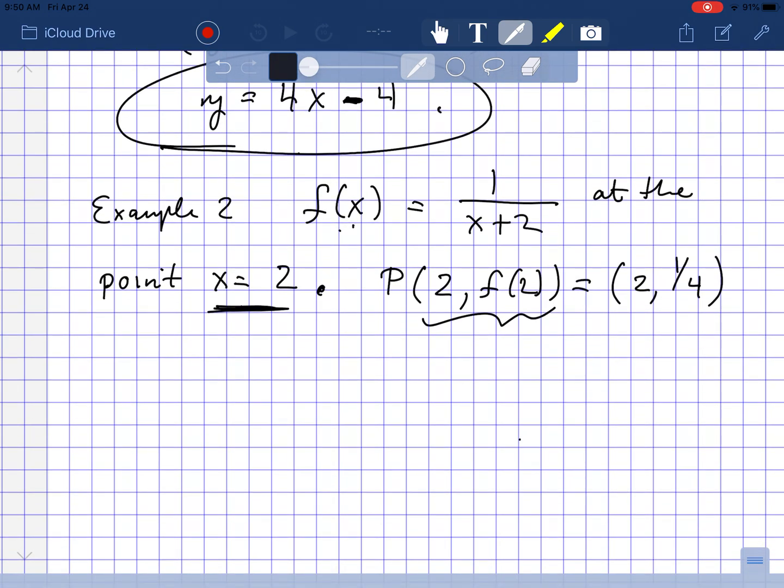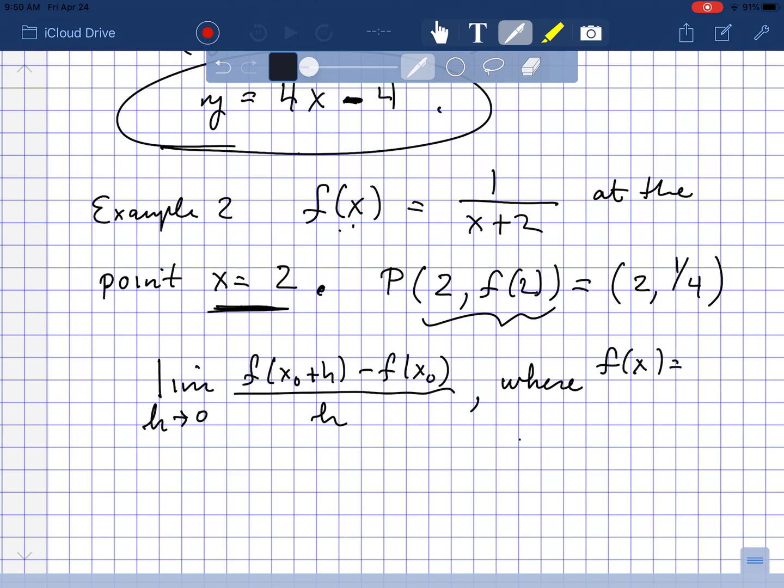Okay, so what do we know? We have to look at the limit as h approaches 0 of f of x sub naught plus h minus f of x sub naught divided by h, where in this case, f of x is equal to 1 over x plus 2, and x sub naught is equal to 2.